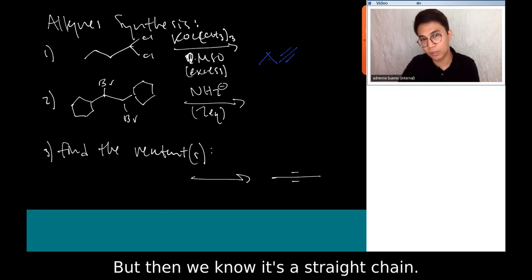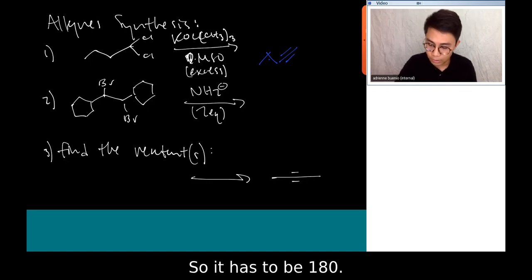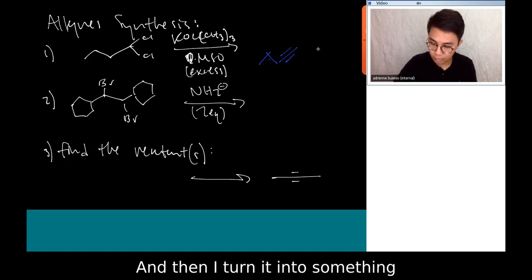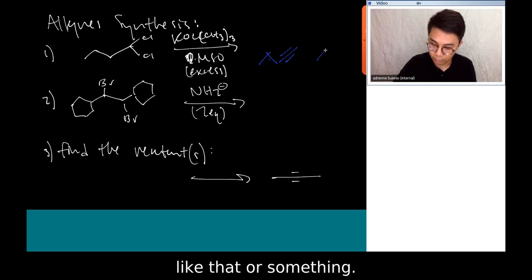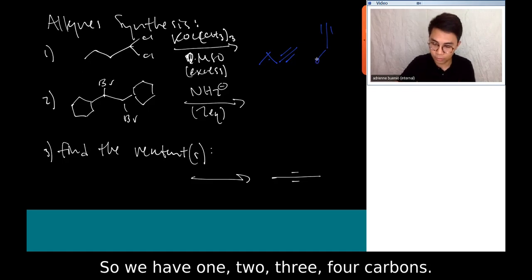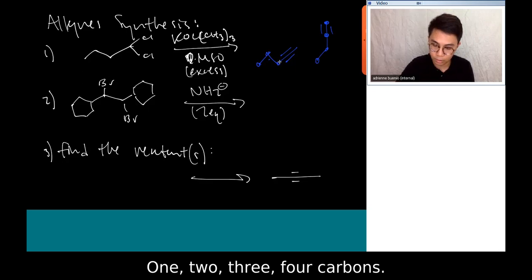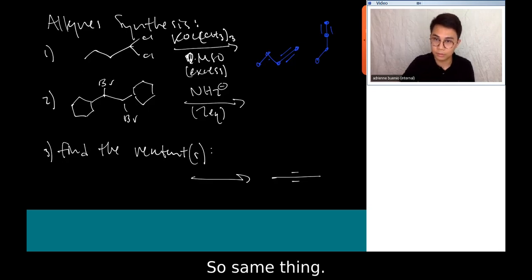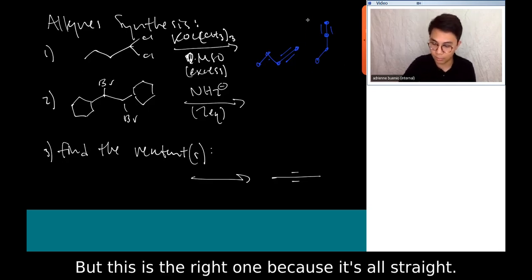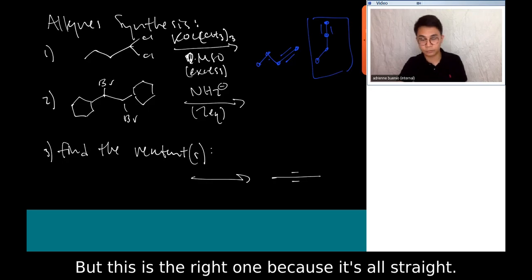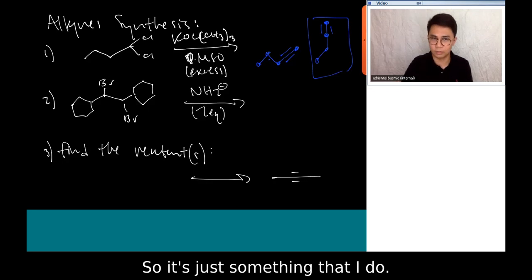But then we know it's a straight chain, so it has to be 180. Then I turn it into something like that. So we have one, two, three, four carbons. One, two, three, four carbons. Same thing, but this is the right one because it's all straight. It's just something that I do.